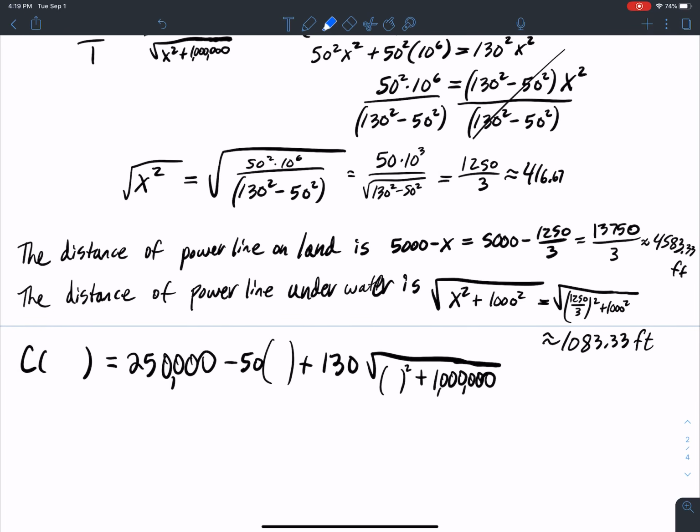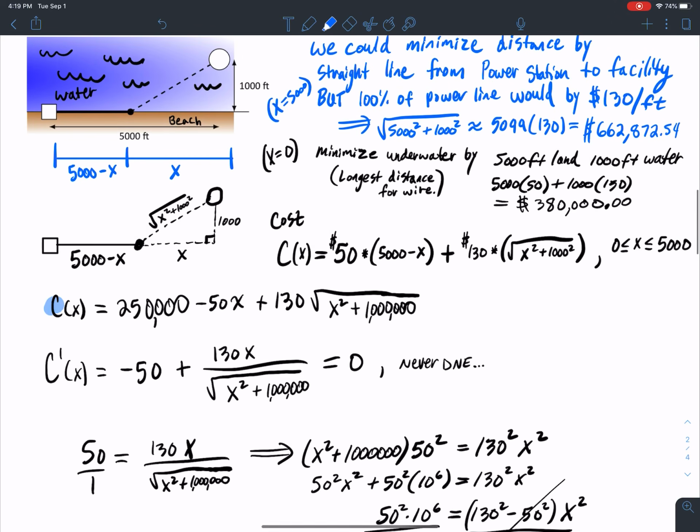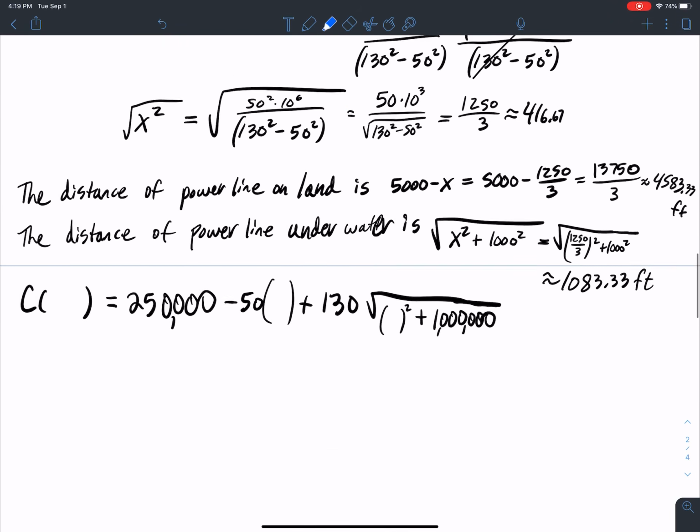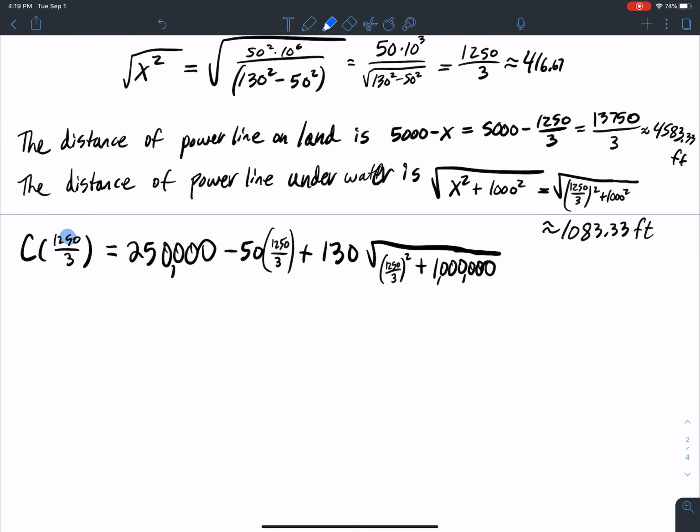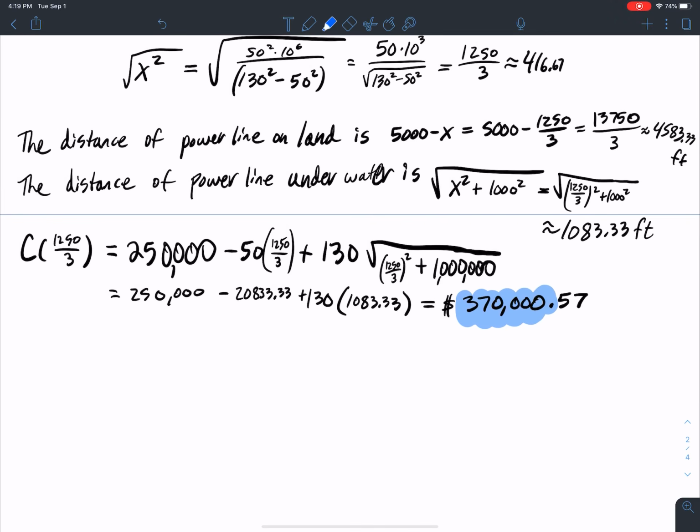So what I'm going to do is I'm going to take this x value, the 1250 over 3, and I'm going to plug it into my cost equation. So everywhere I see an x, I'm going to put that 1250 over 3 value in there and see what the actual cost output is. So if I plug that in everywhere, then I get a lot of math, gets me 370,057 cents. How about that?